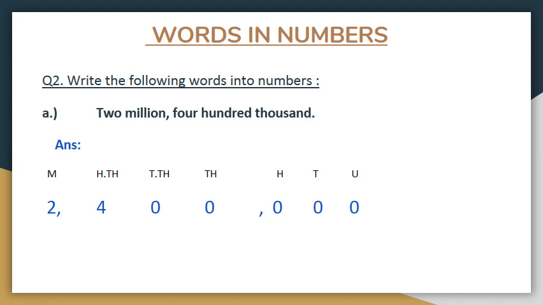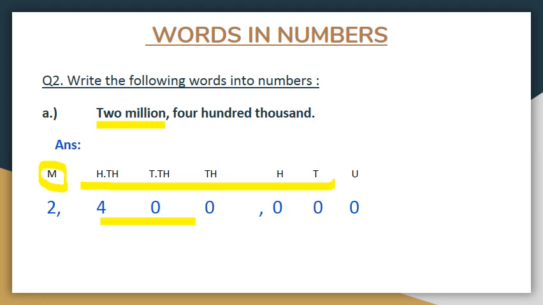Now we have to write the words into numbers. First you have to read the words. According to this, first write the place values and write the number with the given place value. We have 2 millions here. First write 2 in the millions place, then we have to write 400,000.